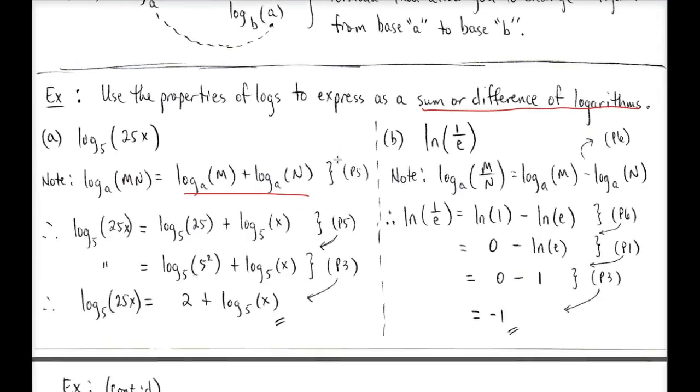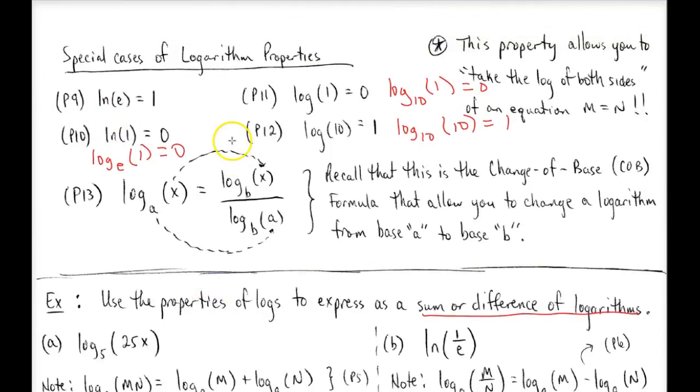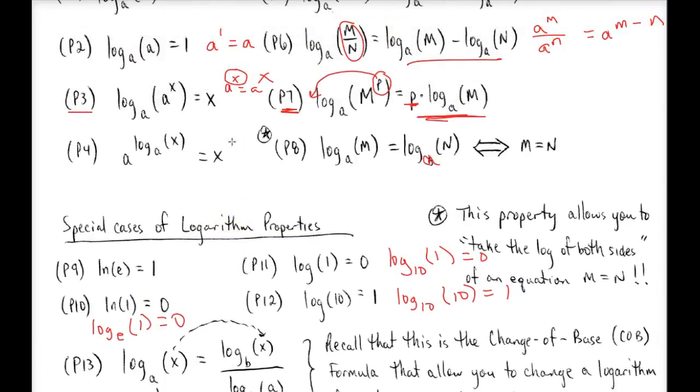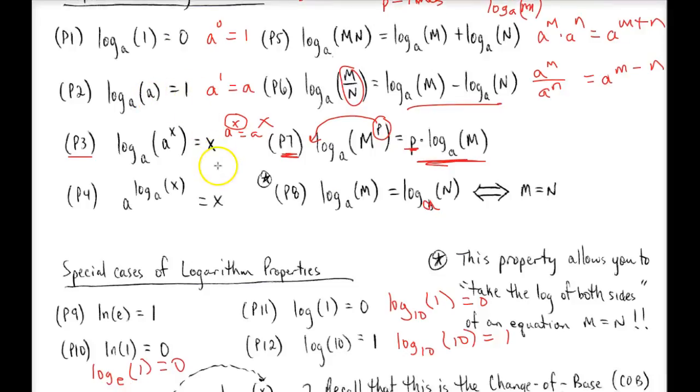This still applies. So I could have said, let's pull out the 2, and then let that be 2 times log base 5 of 5. Then we see that log base 5 of 5, if we go back to our properties, looks a lot like property number 2, which is log base a of a is equal to 1.